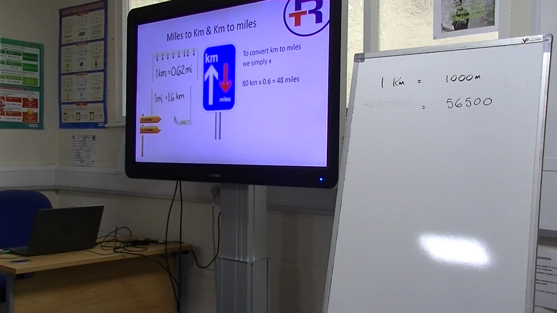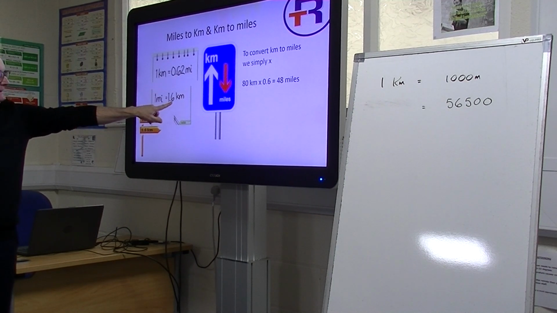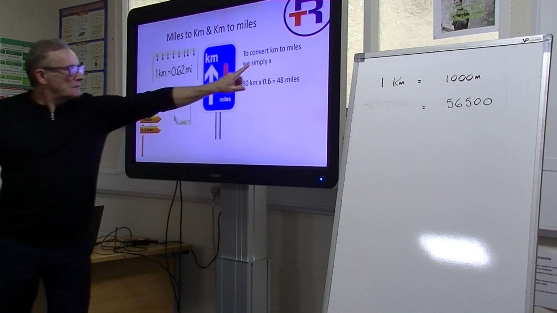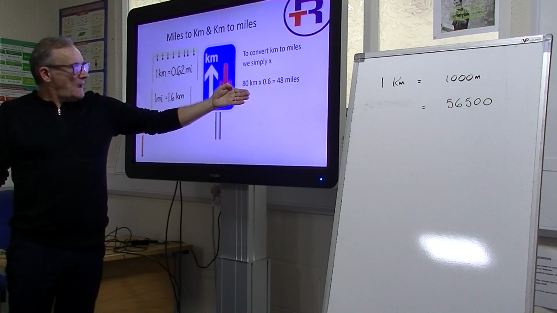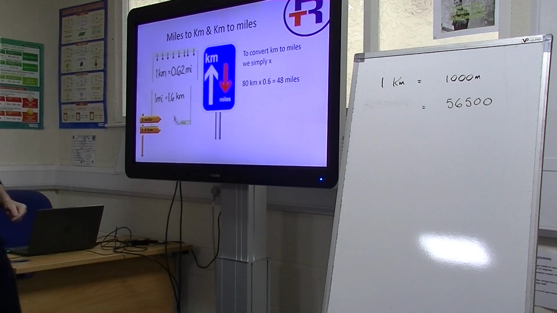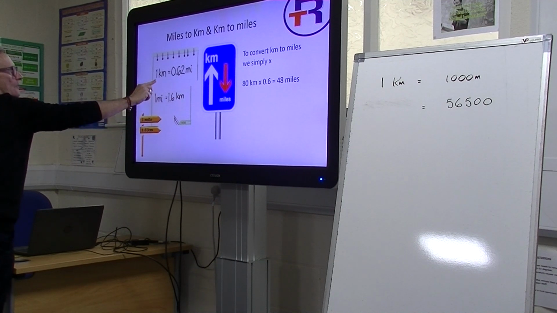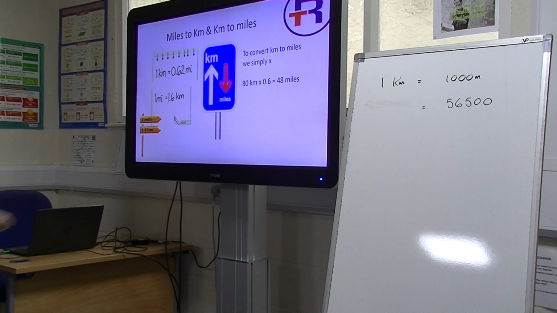It's the same if you're doing kilometres to miles. 1 kilometre is 0.62 miles, 1 mile is 1.6 kilometres. So to go from kilometres to miles, we just multiply the number. 80 kilometres times 0.6 gives you 48 miles. How do you know that? Because a mile is longer than a kilometre, so the number has got to become a little bit smaller.